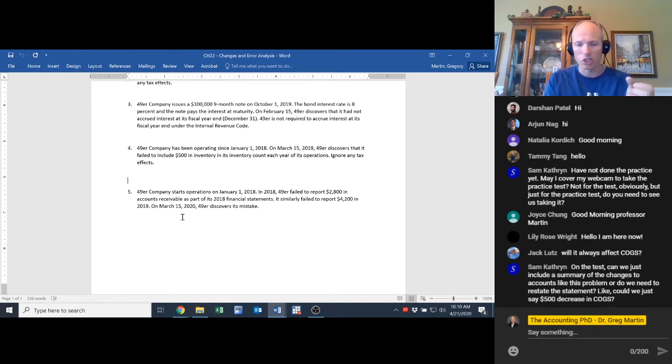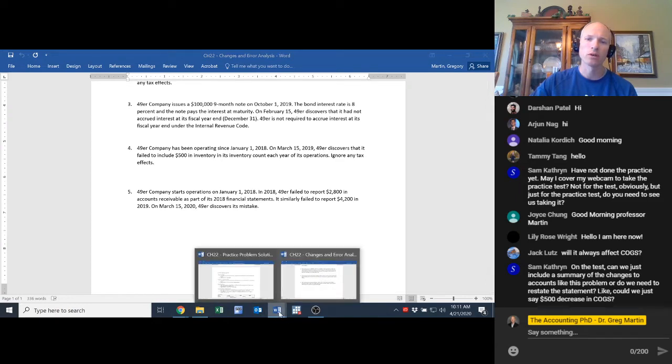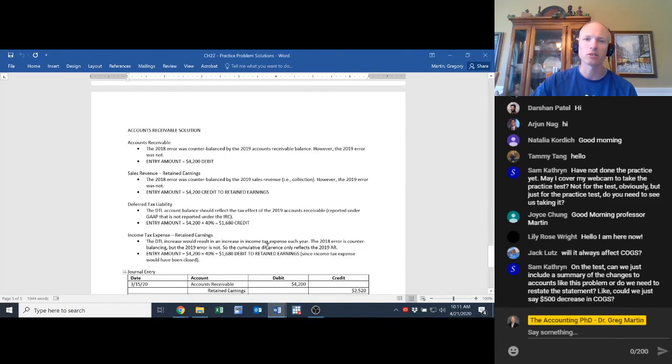I have to shift it back over to 2018. So no matter what, the 2019 error includes any residual effects from 2018. And the whole point here is the balance sheet accumulates the effect almost no matter what happened. I want to make that clear when I jump to the solution. Hopefully it makes a little more sense.